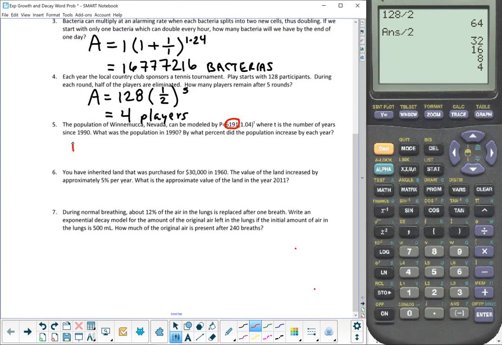So the population in 1990 was 6191. And that's people.